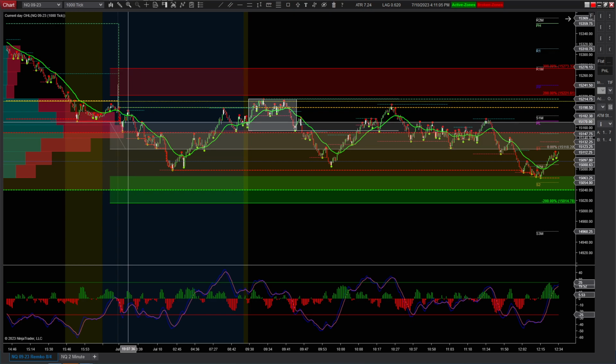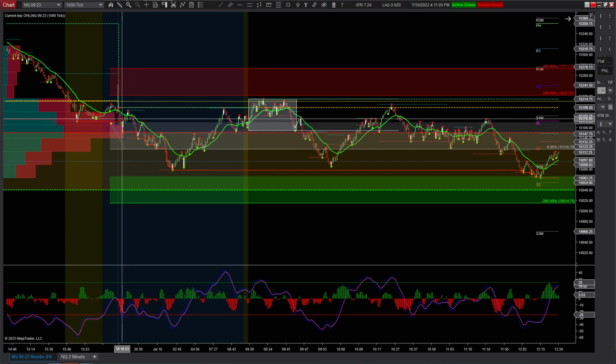So when I created this sideways or magnet area, I identified that one, this one, this one, and that one. So, plenty of touch points there.